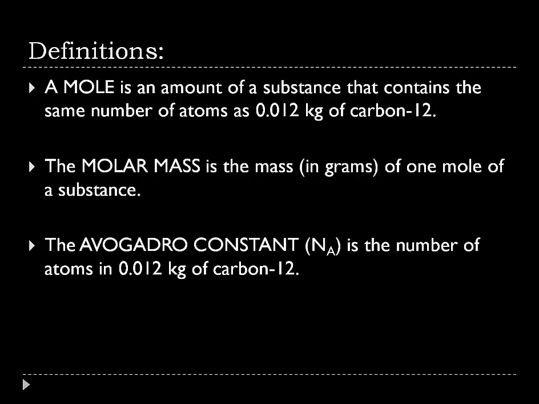The Avogadro constant, which is denoted by this N subscript A, is the number of atoms in 12 grams of carbon-12. So it's basically the number of atoms in a mole. And that number is 6.022 times 10 to the 23 atoms or molecules.